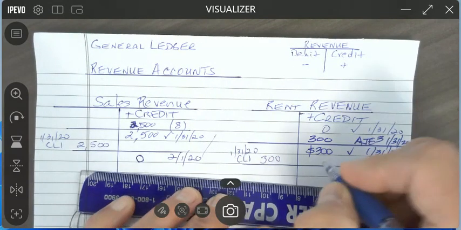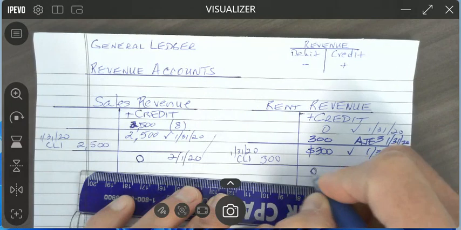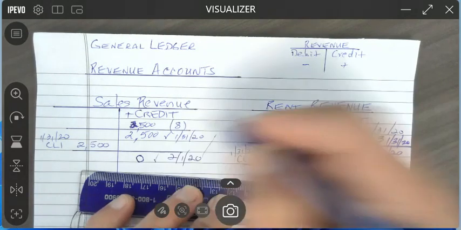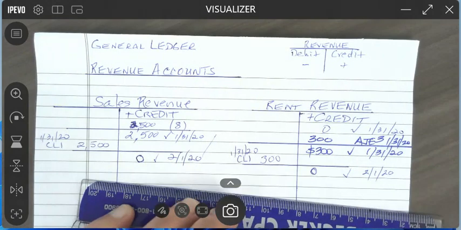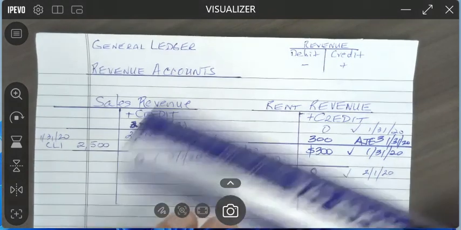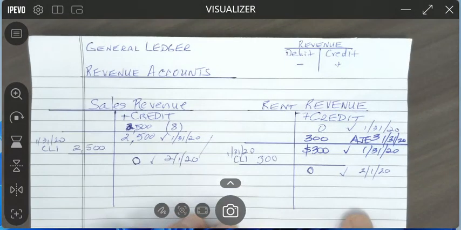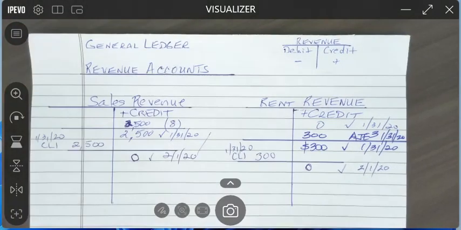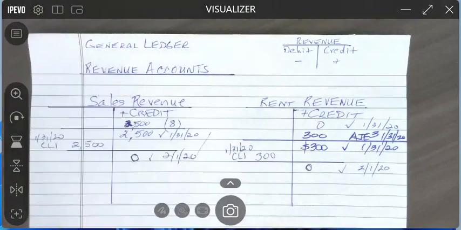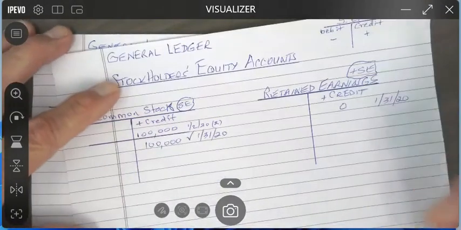And now it'll have a zero balance at 2/1/20, and we will again earn $300 next month. The offset is to retained earnings.